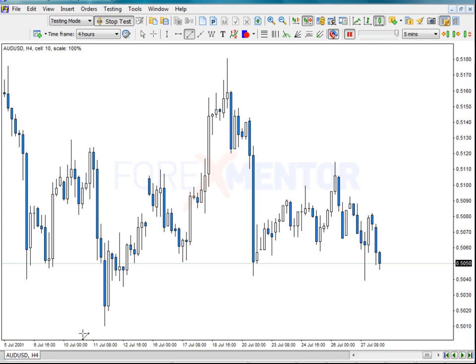Great to test strategies as well as practice on levels, fibs, trend lines, etc. So you can see in this example we've got a swing low point when price came down to this area previously. We had a very nice reaction from this area, and then price came back down and sort of just sat around that level.